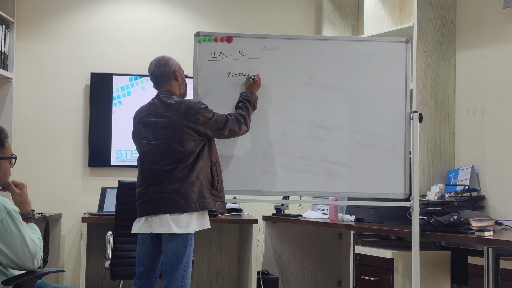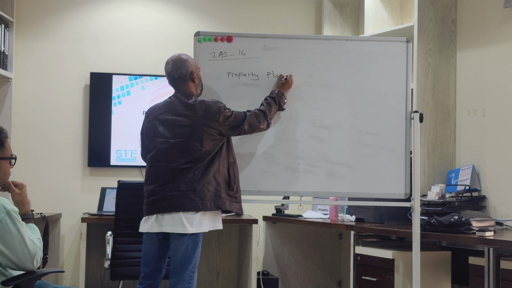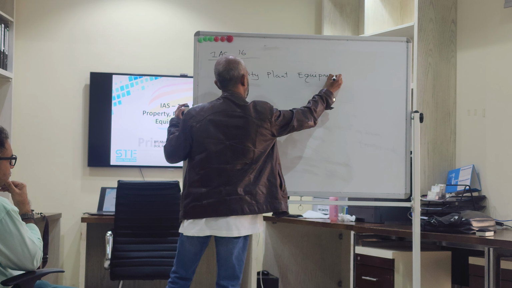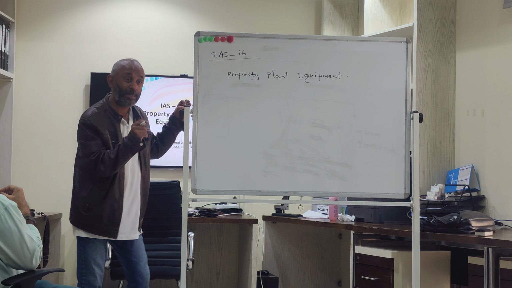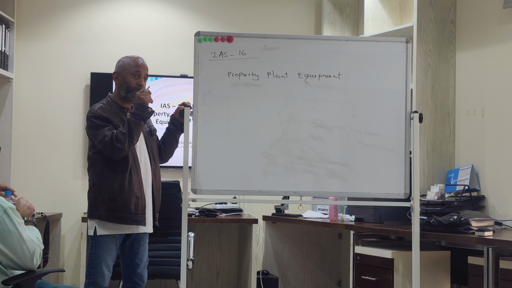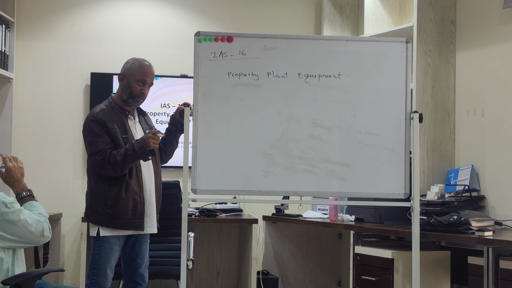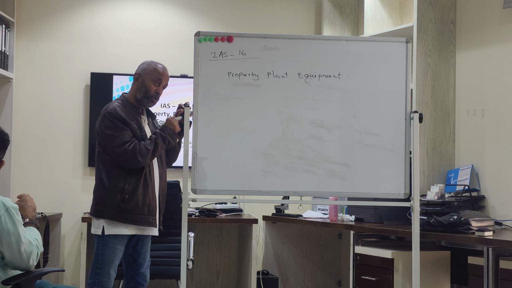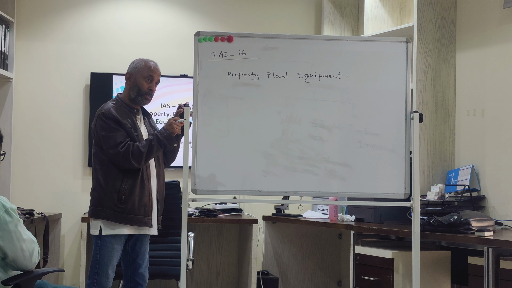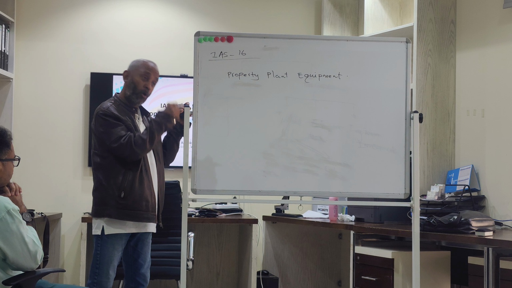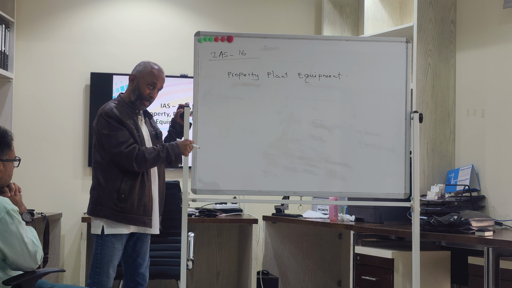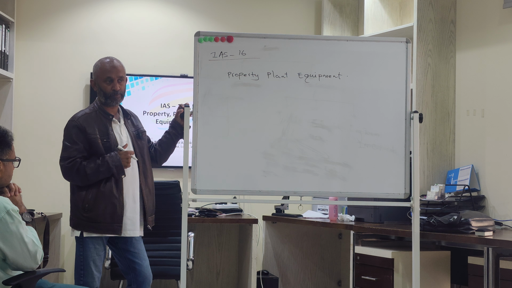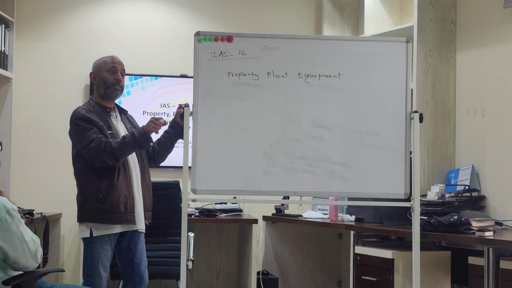So property, plant and equipment is a tangible non-current asset used for the purpose of production of goods and services, or rendering of services, or transporting the same for the purpose of generating revenue, or for administrative purpose.